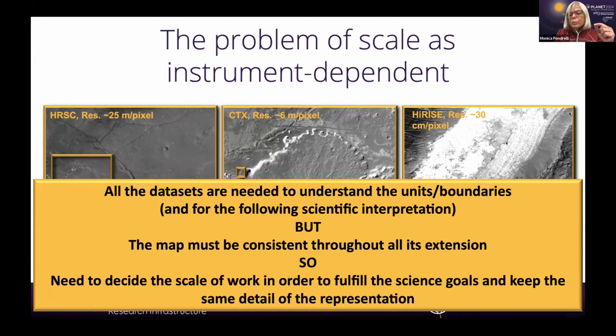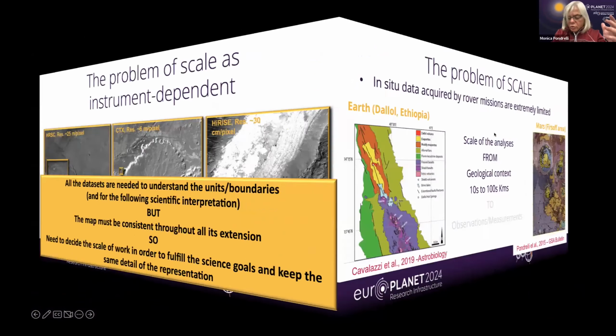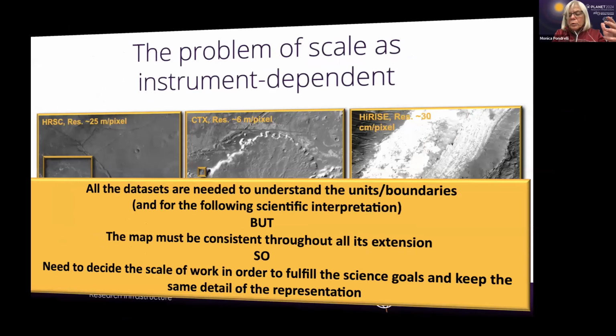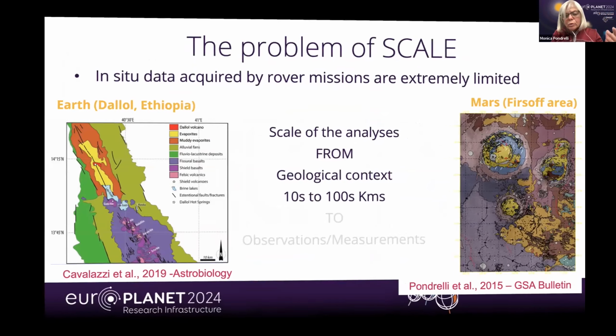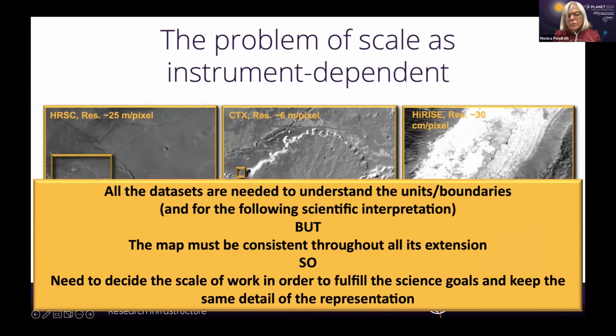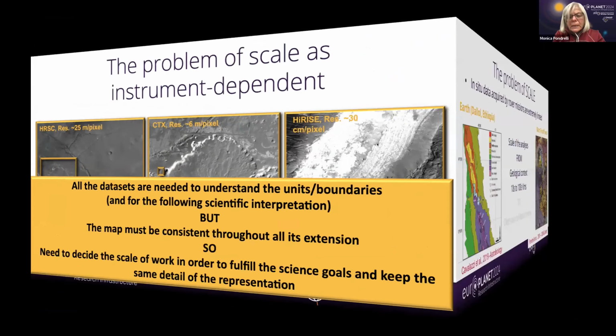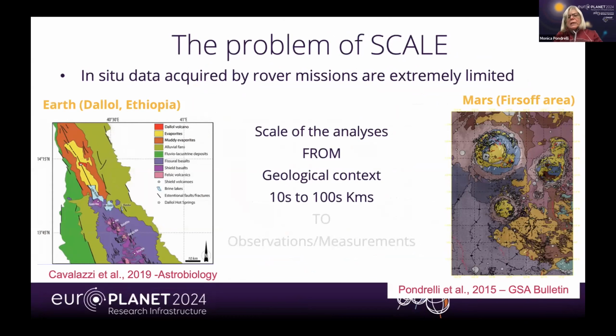So if we do not have, for example, such a data coverage throughout all our map, we cannot use this data to realize our geological map. We must keep our representation consistent throughout all our study area. Again, problem of scale.